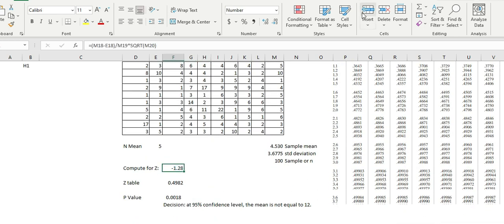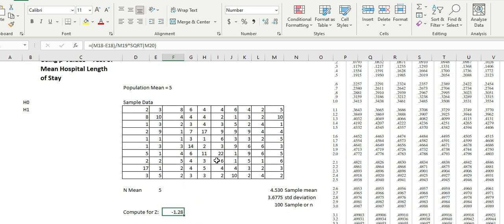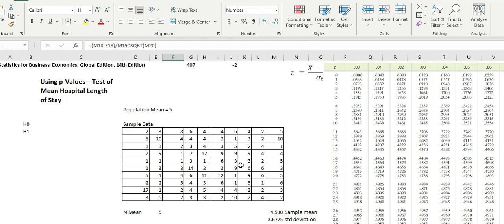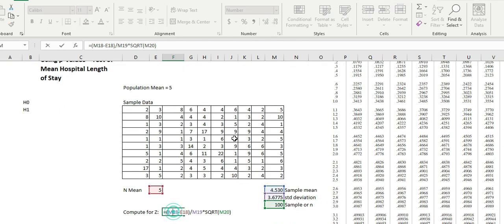It's negative 28, so we'll check again. Since this computation is from our last sample, we still use this data here. So M18, which is here, minus E18.